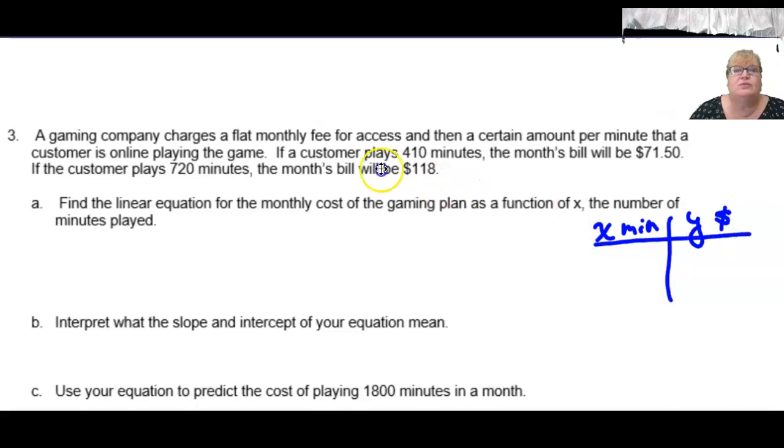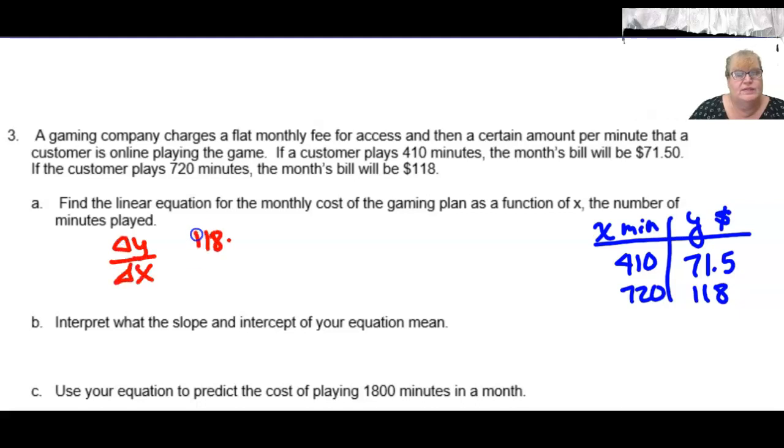All right, so they want us to use X as minutes and Y as money. So all we need to do is put in the two ordered pairs that we have. 410 minutes costs $71.50 and 720 minutes cost $118. Then to find a linear equation, just like we were doing yesterday, we're going to find the slope.